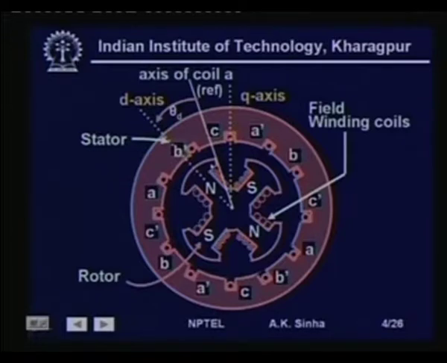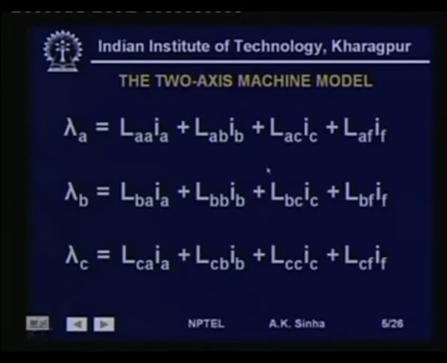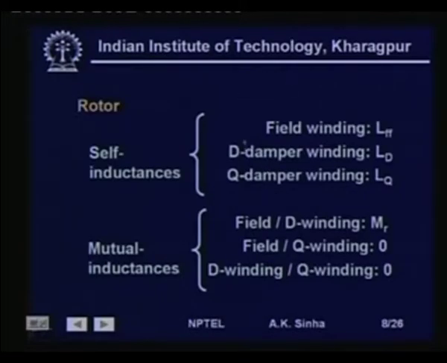So, whenever any oscillation takes place, a voltage will be set up across these bars, and since they are short circuited, current will flow through them, which will oppose the change in motion. And these damper windings can also be modeled, and here we have put them as a d axis damper winding, that is the damper winding which is provided by means of putting copper bars on the rotor pole faces.